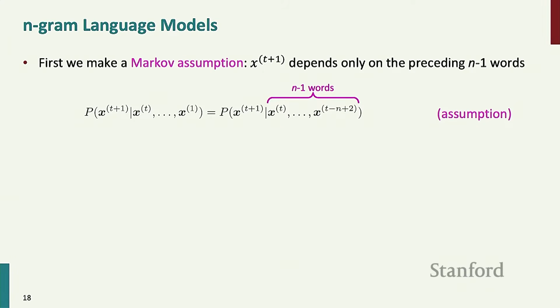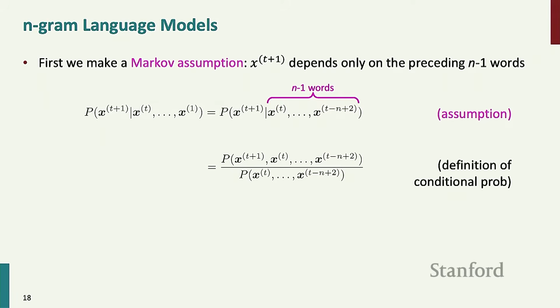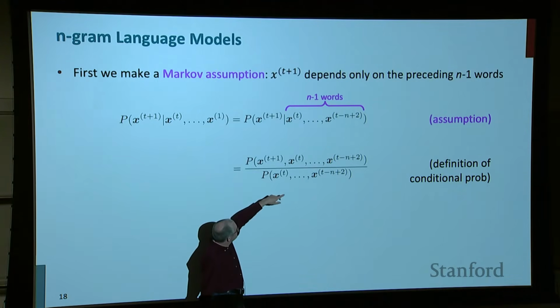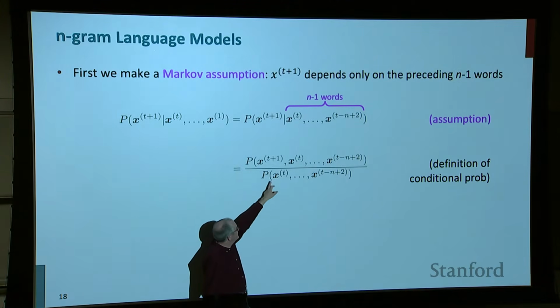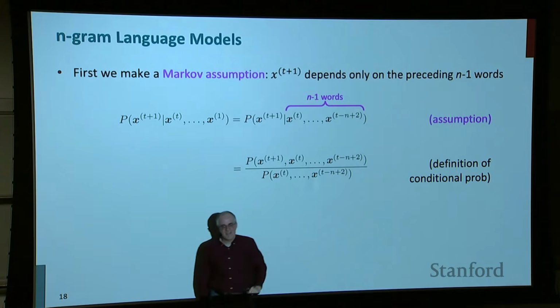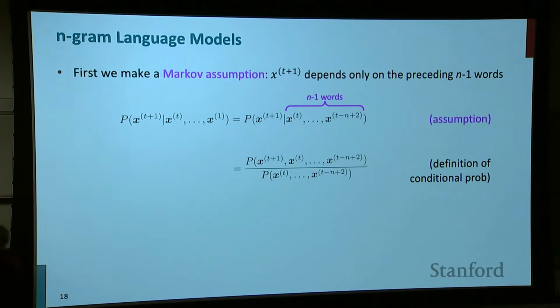And so if we're predicting word x_{t+1} based on simply the preceding n-1 words, well, then we can make the prediction using n-grams. If n is 3, we would have a trigram here and normalized by a bigram down here, and that would give us relative frequencies of the different terms.